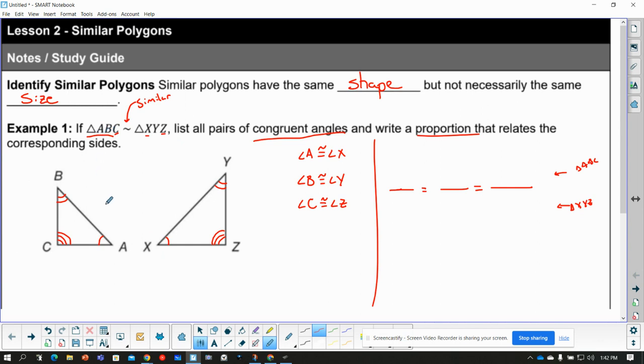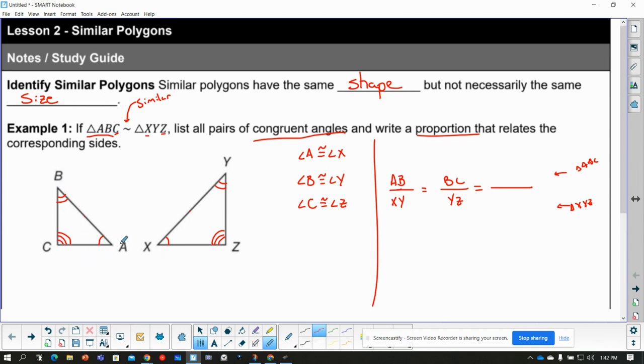So AB, first two letters that are mentioned, this side AB is going to be matched up with the side XY. So I'm going to go AB and XY. Notice the second two letters, BC, second two letters, YZ. BC, YZ. Then to get the third side, if you have the shape, you can see it a little bit easier.